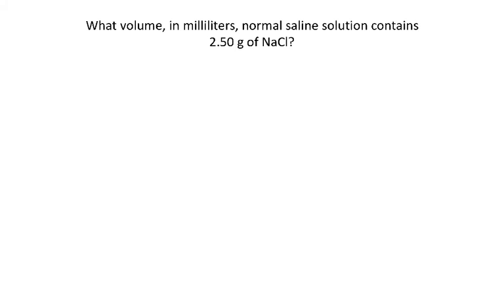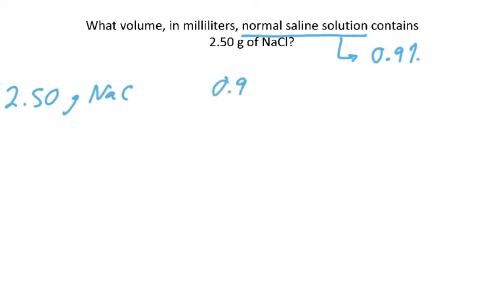Okay, so normal saline solution, 0.9%, right? So we know 2.5 grams. Concentration is 0.9 grams per 100 milliliters, and we want to find how many milliliters.